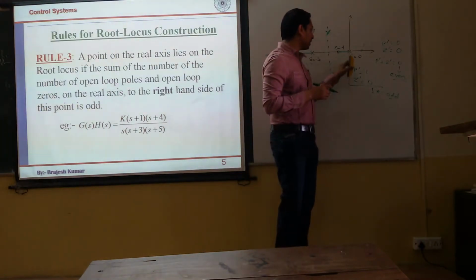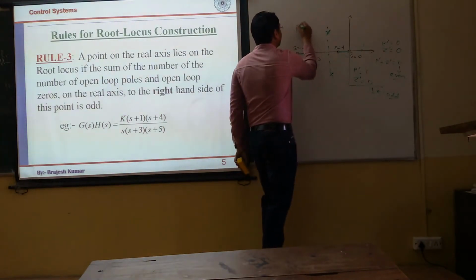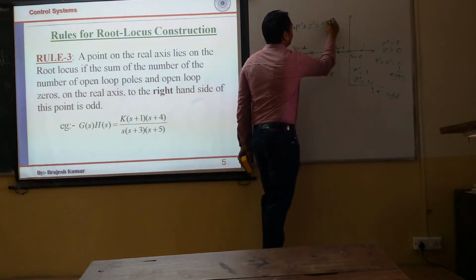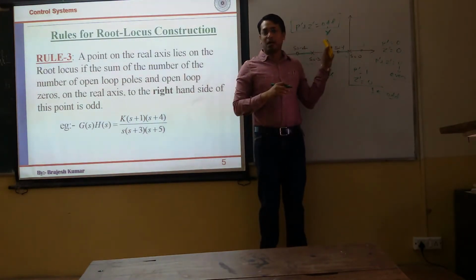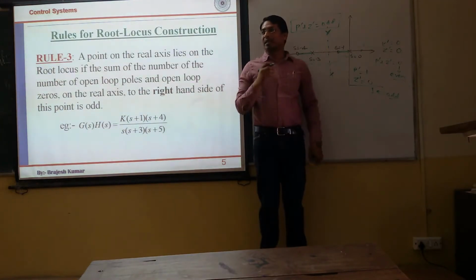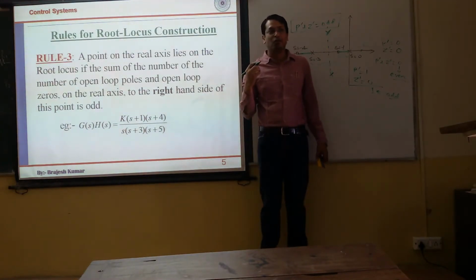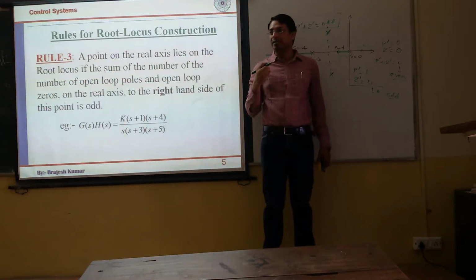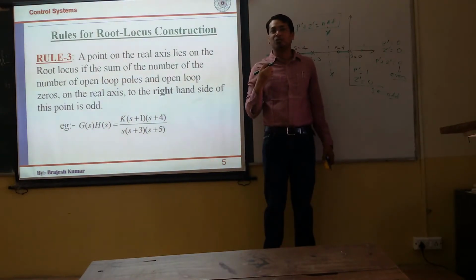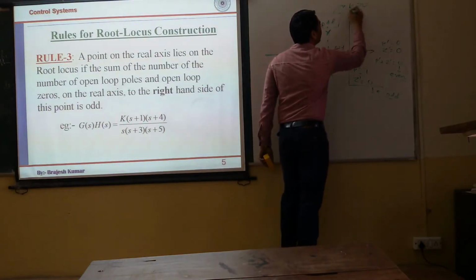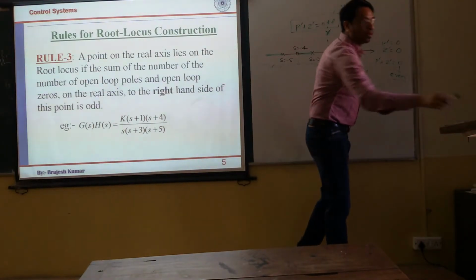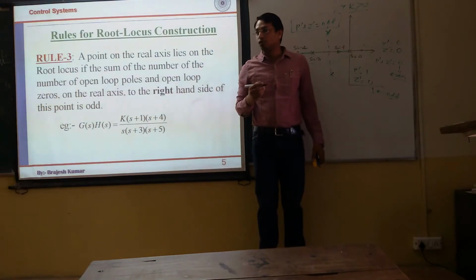So this particular concept, that if P dash plus Z dash is odd, then that particular section will lie on the root locus, is for positive values of K. Please note that this rule is for positive values of K, that is, K greater than 0. This is for, we can say, our direct root locus.